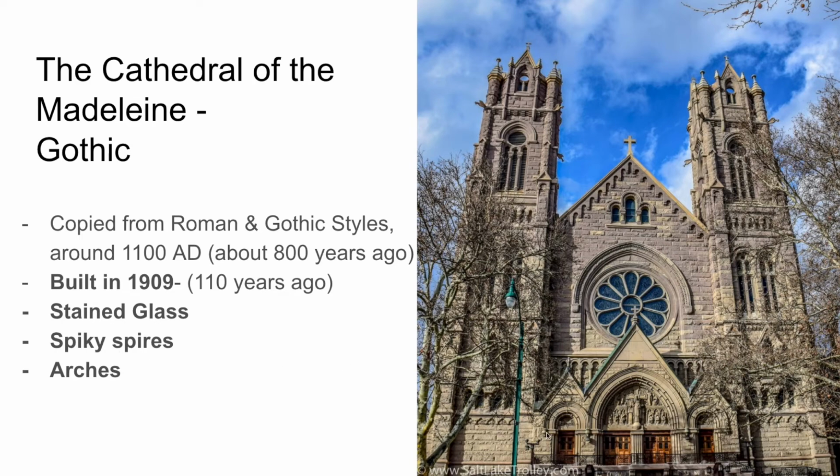And arches. So these are round arches here, here, here, here, all over. Pointed arches are especially a Gothic cathedral thing. These rounded arches are a little bit more Roman. So this building combines a couple of the different styles of cathedrals.